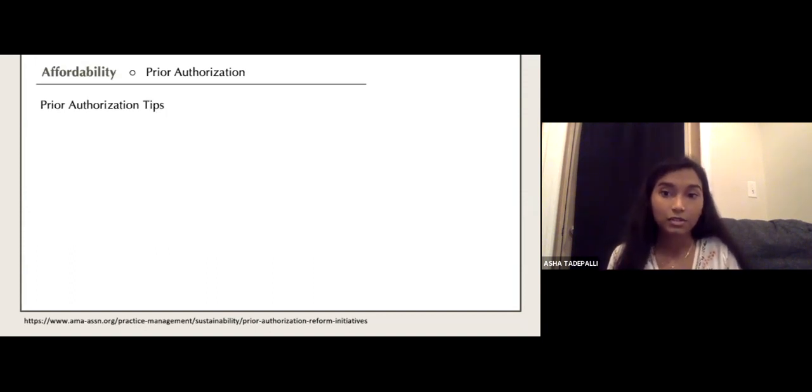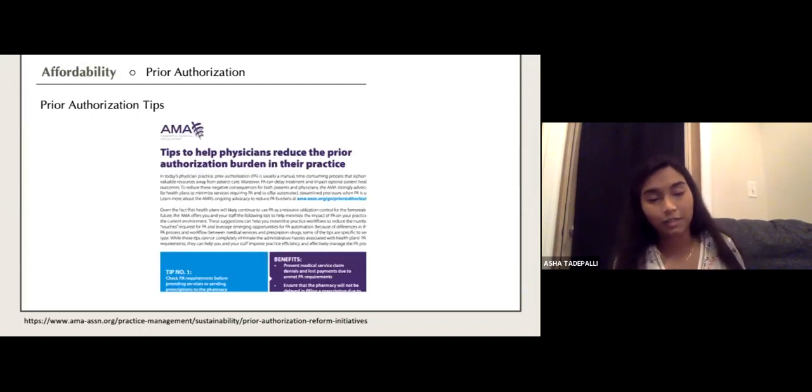The American Medical Association did offer prior authorization tips, and this will be available, looking at what you can do to make the process a little bit easier, whether you're faxing or calling it in. But of course, as a final word, it's important to call the pharmacy sometimes or call the insurance providers if you can.